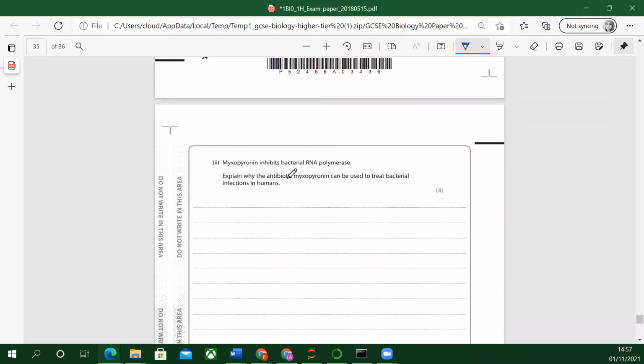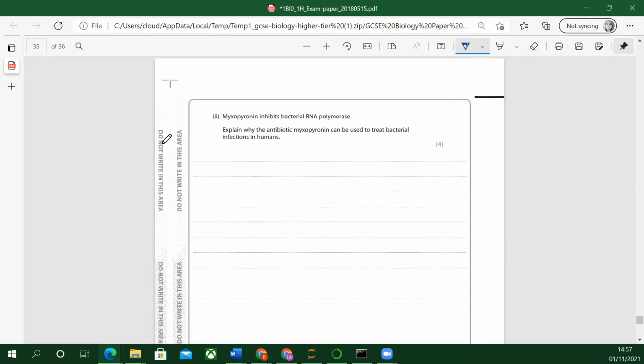Okay, next one. So mixopyronin inhibits bacterial RNA polymerase. Okay, explain why the antibiotic mixopyronin can be used to treat bacterial infection in humans. So same sort of thing again. So antibiotics, the same thing. Antibiotics, they either kill bacteria or prevent reproduction, prevent bacterial reproduction.